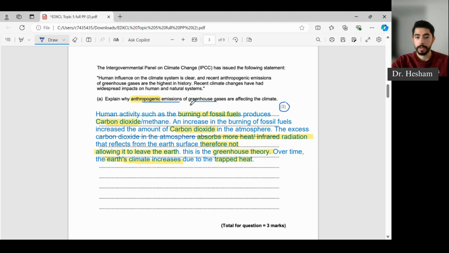So if you mentioned one activity, you get a mark. If you mention one greenhouse gas, you get a mark. And when you mention the relationship between greenhouse gases increasing and the effect on the climate, which is an increase in temperature, you get a mark.